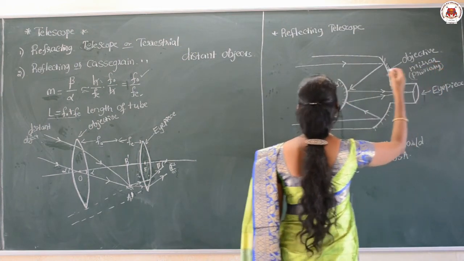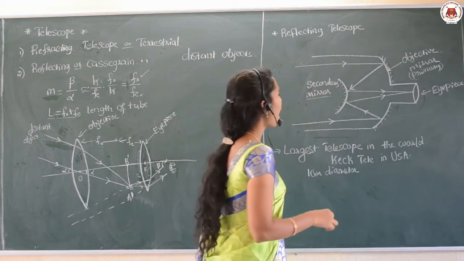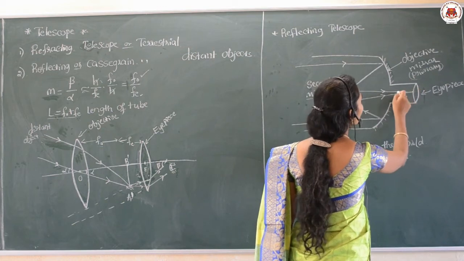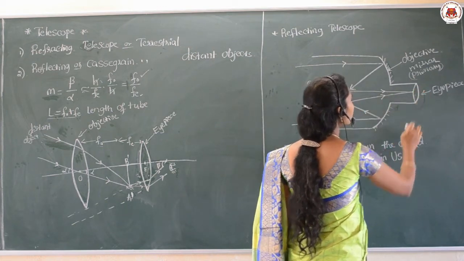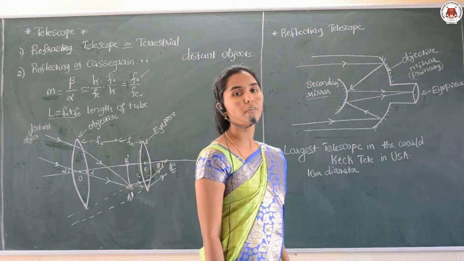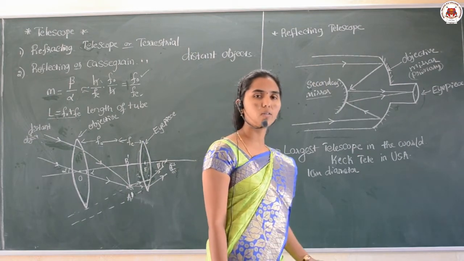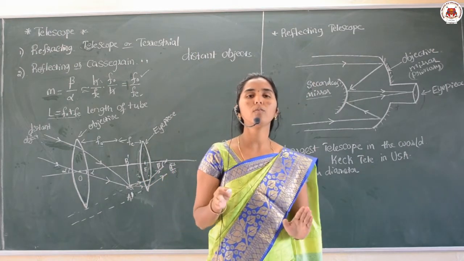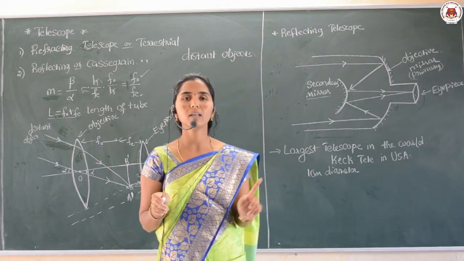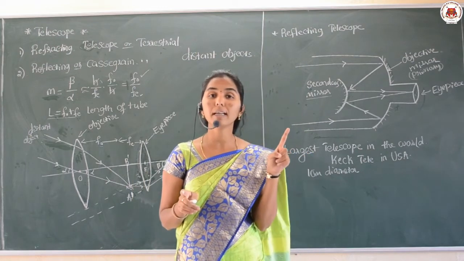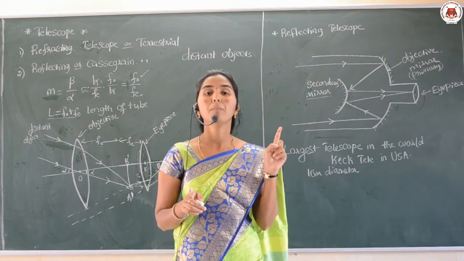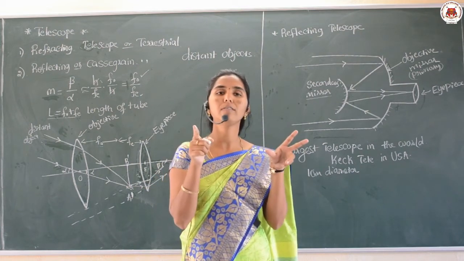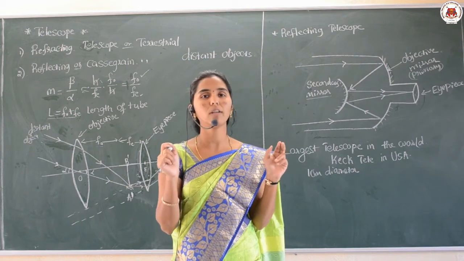The convex mirror is the secondary mirror, and it diverges the rays, which are again converged by the eyepiece, which has a convex lens. Already you know a convex lens also converges the rays. Therefore, one point should be clear: a convex mirror and a concave lens both will diverge the rays of light falling on them.